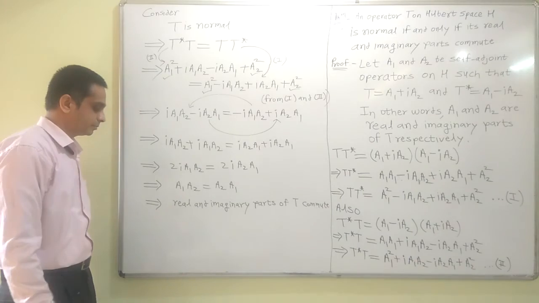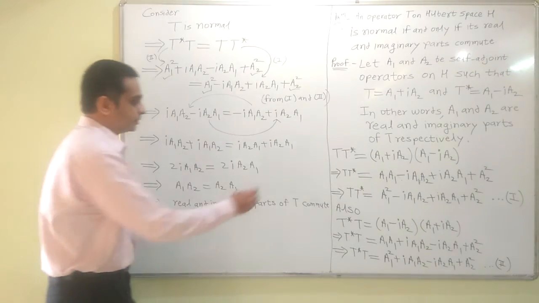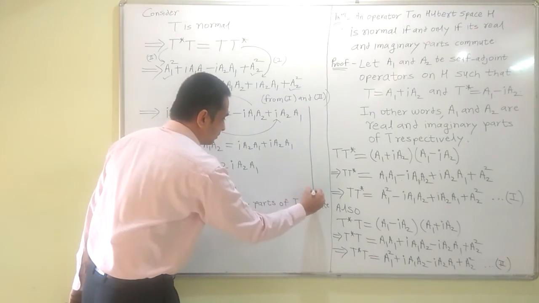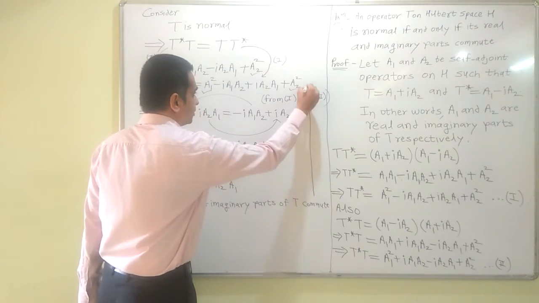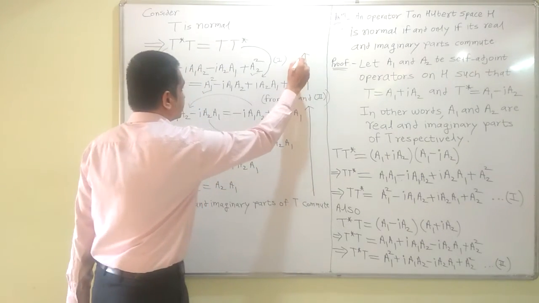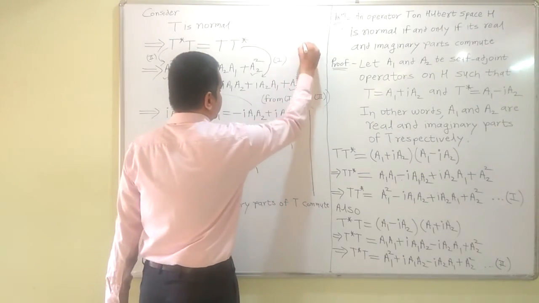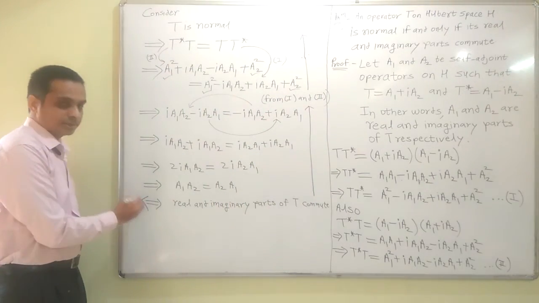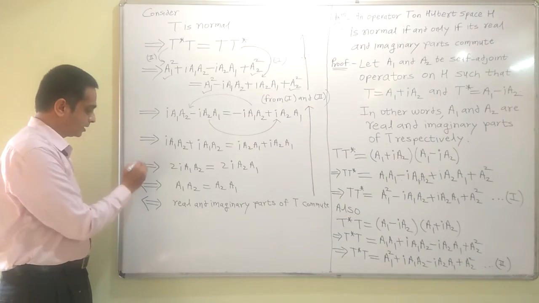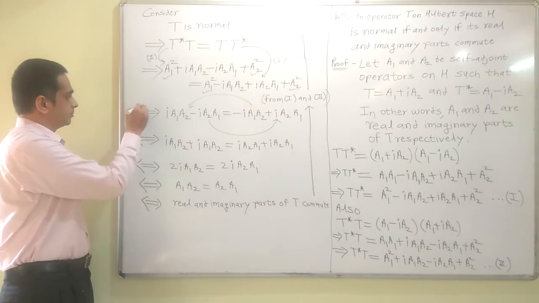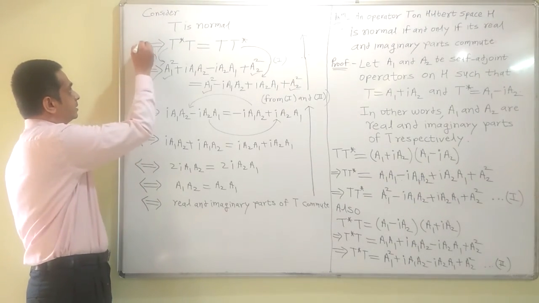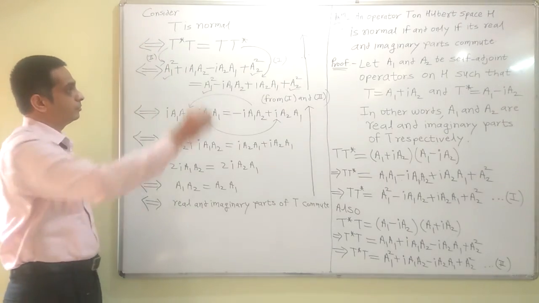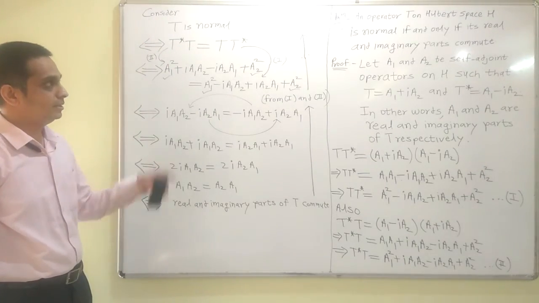So one way we are done. It is easy to observe that all steps can be reversed, and hence we get the proof of the converse as well.